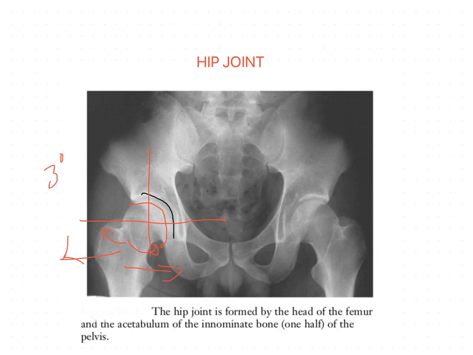But in the case of the hip joint, the primary function is to support the weight of the head, arms and the trunk. These weights are transmitted to the lower joint, that means the hip.